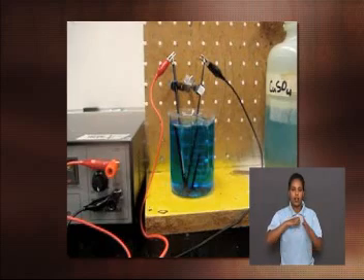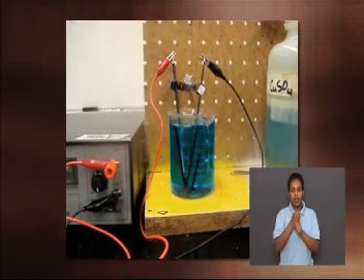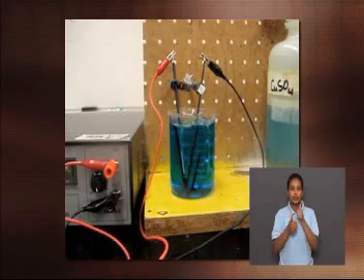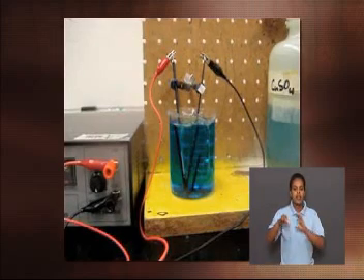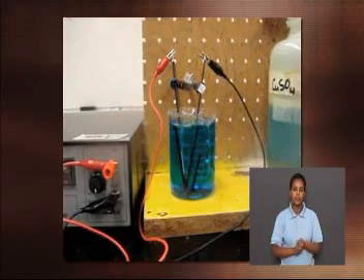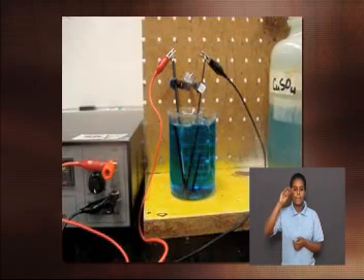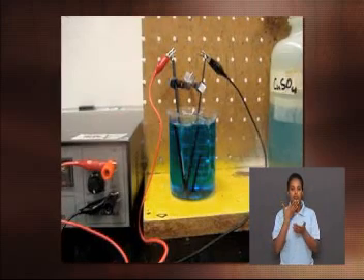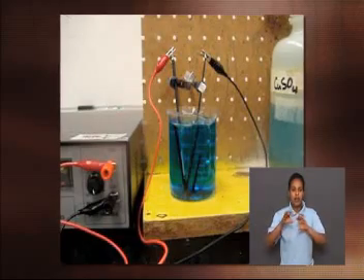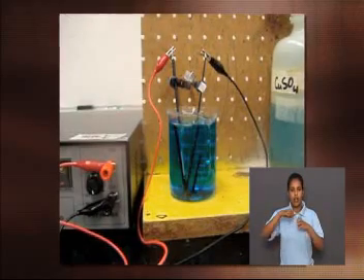Some electrodes directly take part in reactions, which means they are chemically active. Magnesium and zinc are good examples of chemically active electrodes.